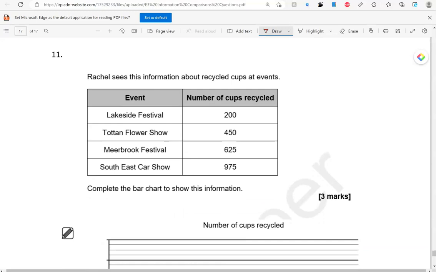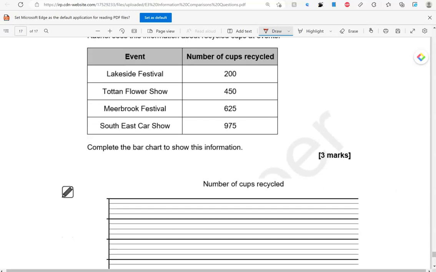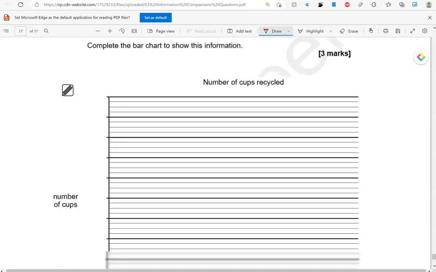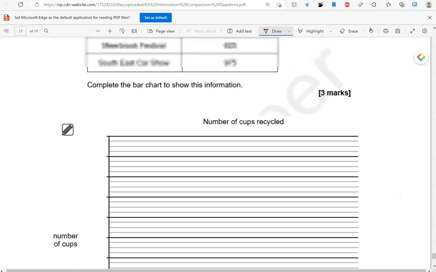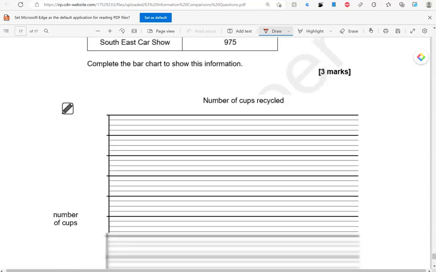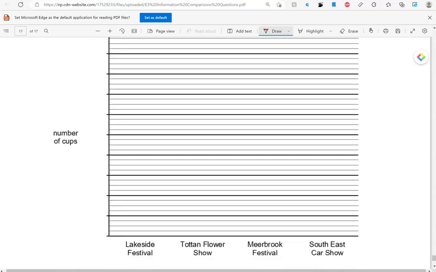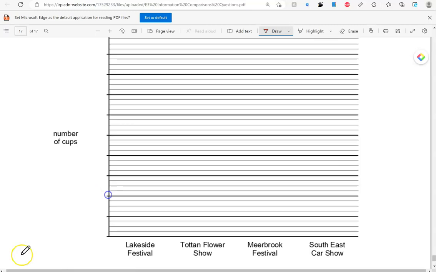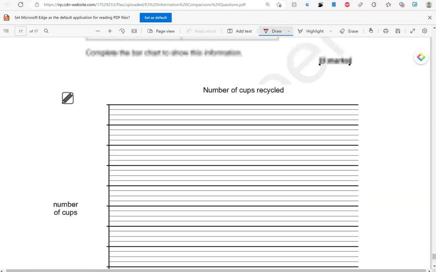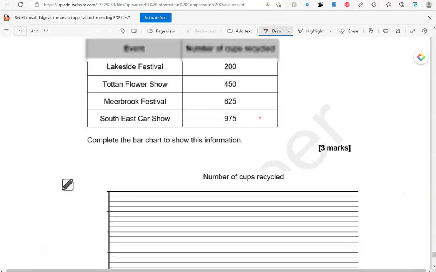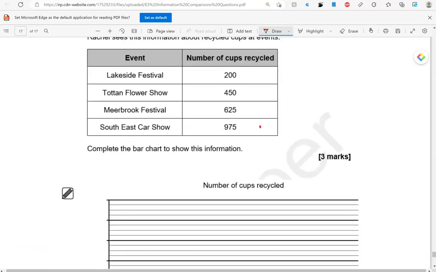Rachel sees this information about recycled cups at events. Complete the bar chart to show this information. Got number of cups. I'm going to start from 0. Put 0 here. What number do we go up to? Let's see, we've got 975 being the highest number.